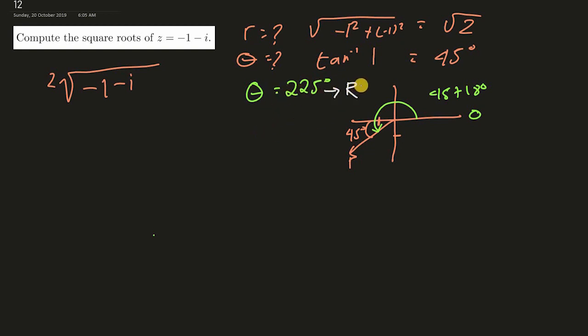So, let's convert that into radians. Converting that, 225, we will just need to multiply by pi over 180. So, 225 divided by 180 would be equal to 5 pi over 4. So, that's the value of our theta.